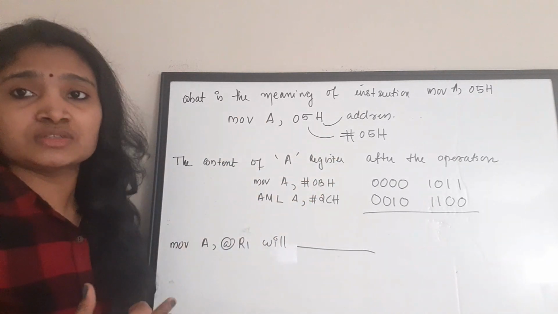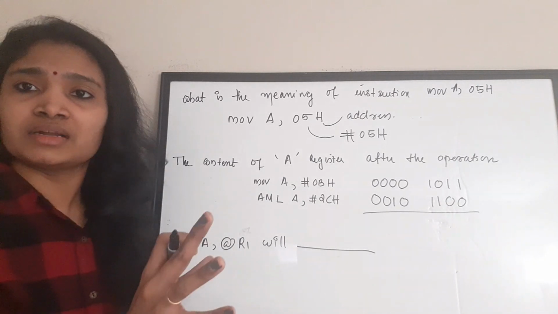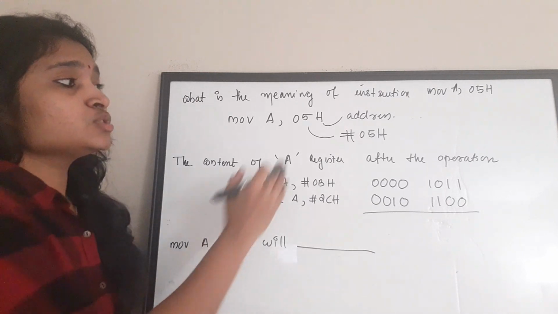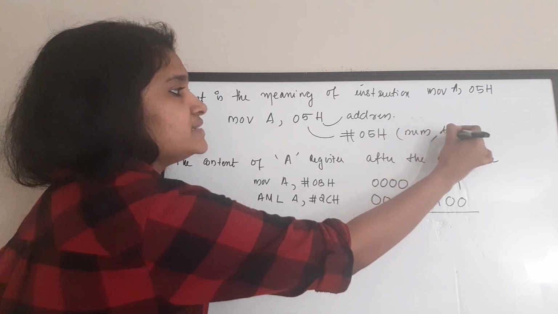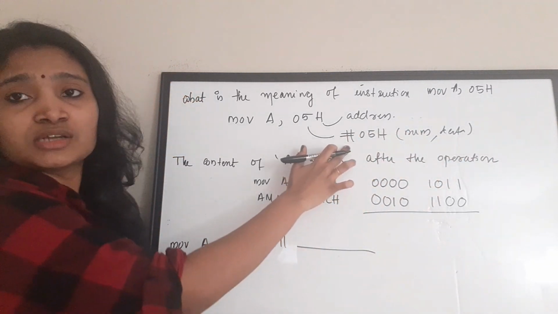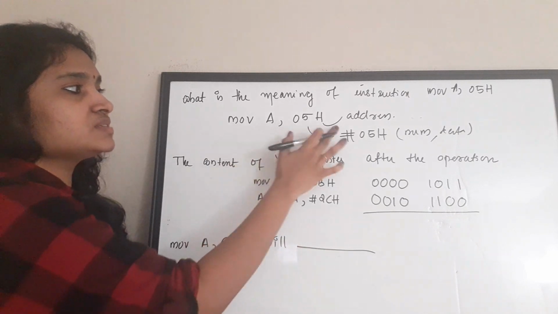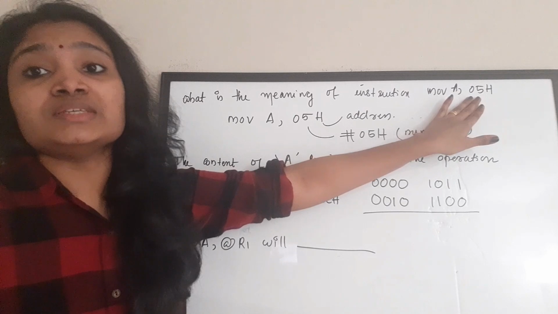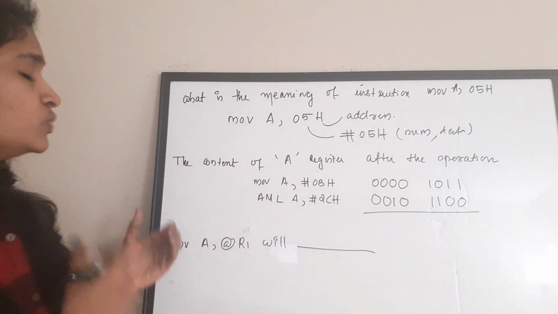In the previous questions also, while adding or moving immediate data, meaning a number, that number is moved to the accumulator for some operation. So if it is a number or data, it is associated with a hash. Always check for this hash to find out. So this is our address, and the meaning is you are moving the content at address 05H to the accumulator register. Okay, moving on to the next question.